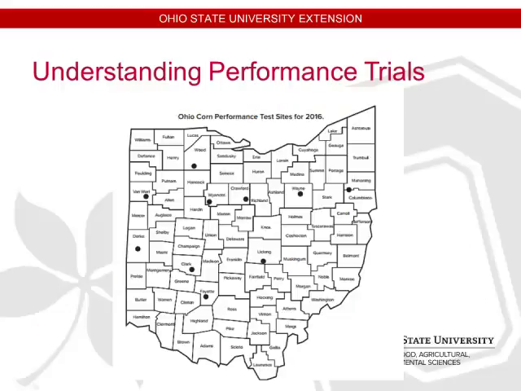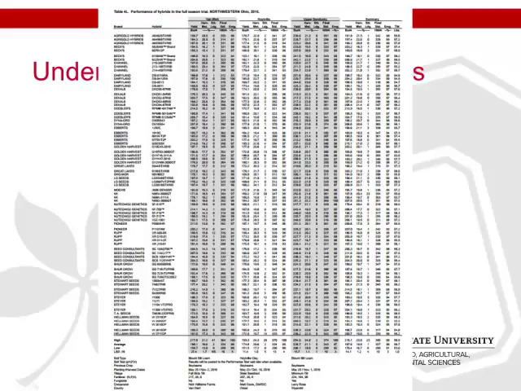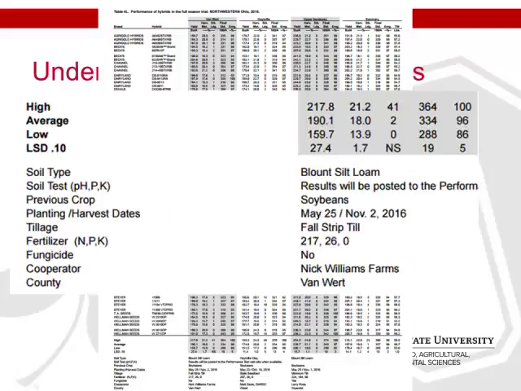And then this is the locations. I believe the one that I printed out for you is the Northwestern, which is in Van Wert County. And you can't see it up here, but what I want you to look at is on the back side of that page at the very bottom, there's going to be a couple numbers that look familiar. So what's the first thing that jumps out to you at the bottom of the page?